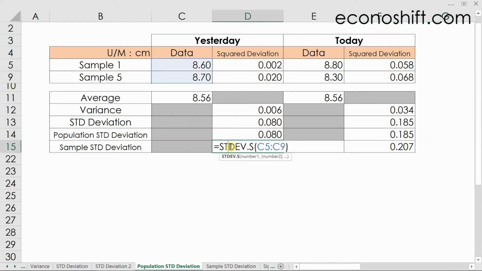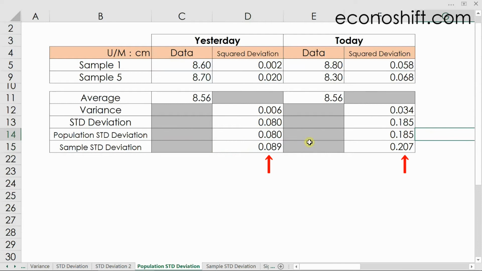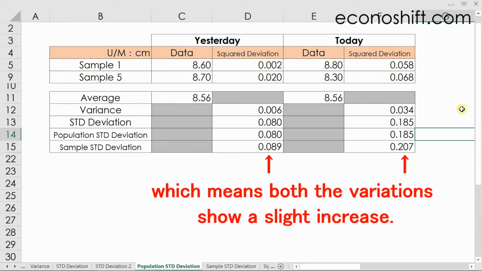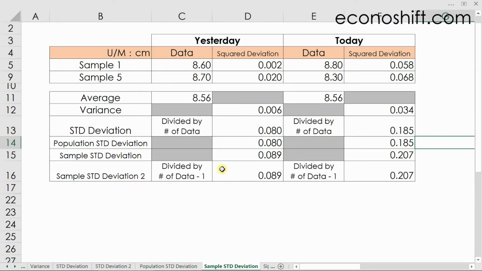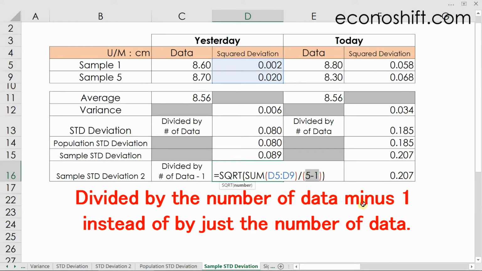With the standard deviation point S function, yesterday's result was 0.089 and today's was 0.207, which means both the variations show a slight increase. With this function, when calculating variance, the total of squared deviations is divided by the number of data minus 1, instead of by just the number of data.